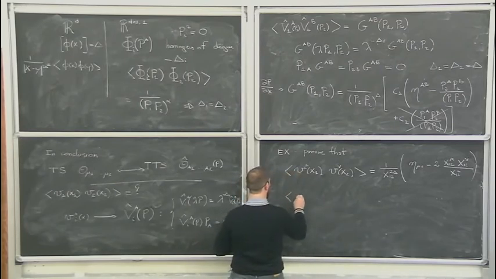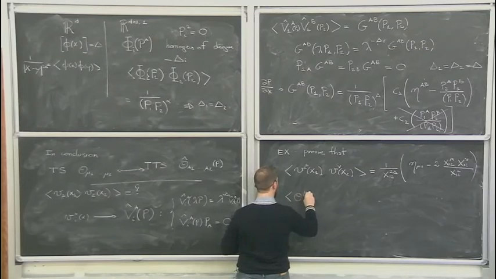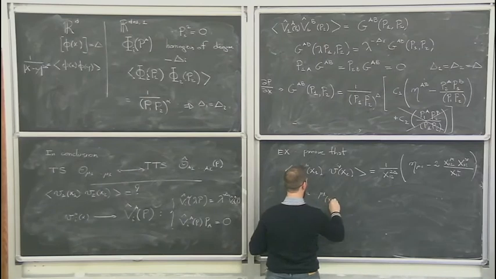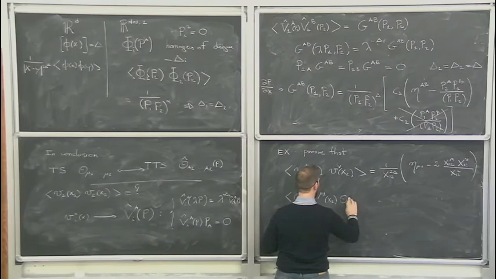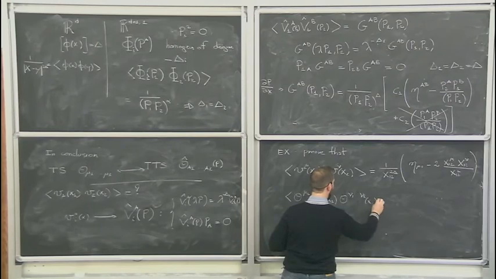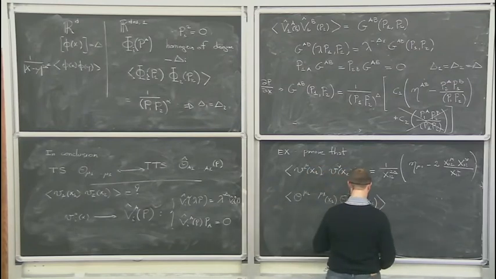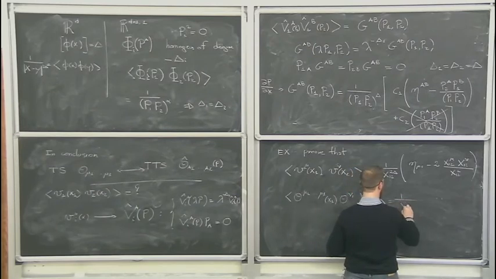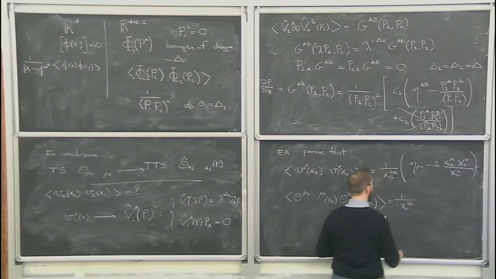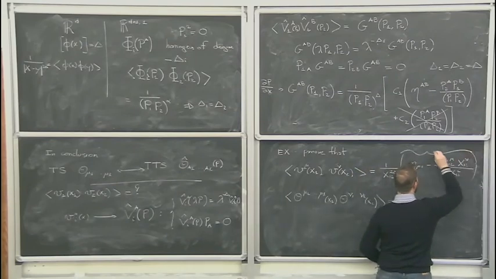So generically, if you have operators with L indices, mu1 through mu L of x1, and nu1 through nu L of x2, this will be equal to the same prefactor, 1 over x12 to the power 2 delta, and then you have a tensor which I will call I mu nu.